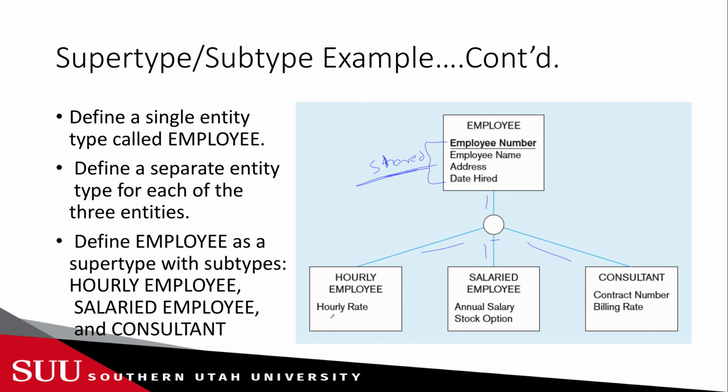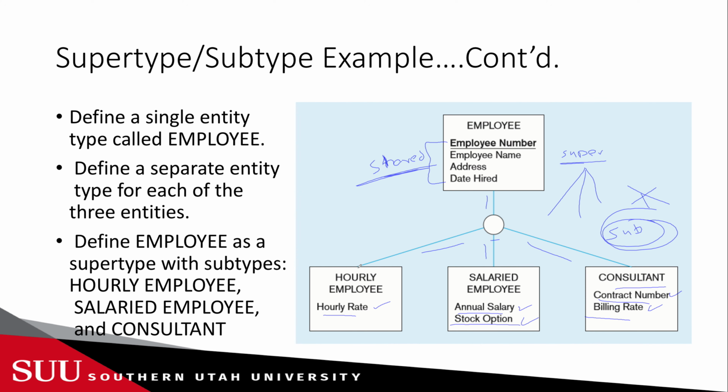Now if you look at the subtype level, all of these are specific to those subtypes. So only hourly employees have this, only salaried employees have those two attributes, only consultants have those two attributes. Because again, whatever is on the supertype level is shared among all of the subtypes, but whatever is on the subtype level is specific to that subtype and is not shared among the other employees.